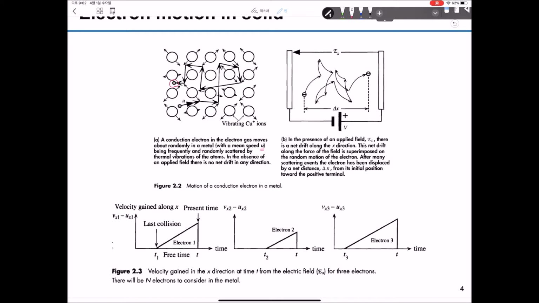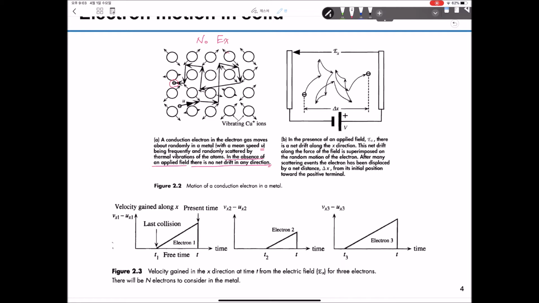In the absence of an applied field, there is no net drift in any direction. So here, the final part is very important. In the absence of an applied field, there is no net drift in any direction, right? So even though there is no electric field, these electrons will still move around.